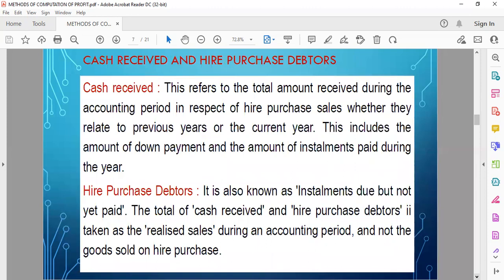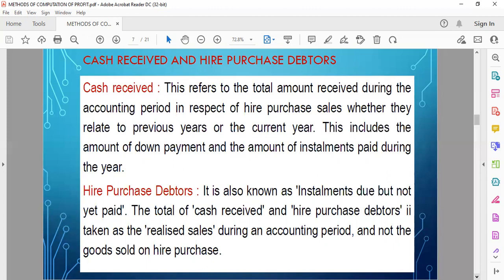Then we can see the cash received and hire purchase debtors. First, cash received. Cash received refers to the total amount received during the accounting period in respect of hire purchase sales, whether they relate to previous years or the current year. This includes the amount of down payment and the amount of installments paid during the year.